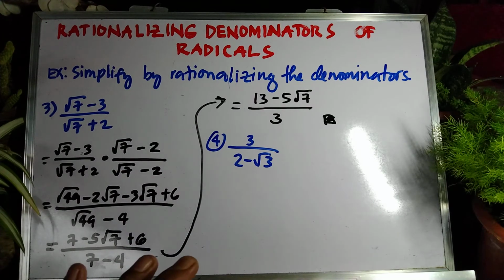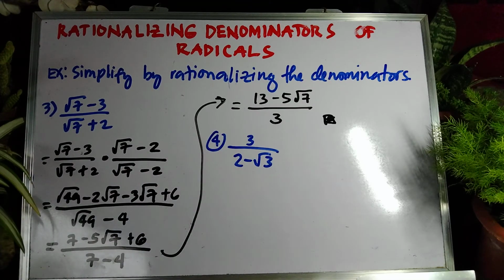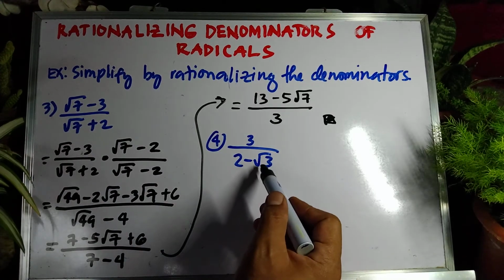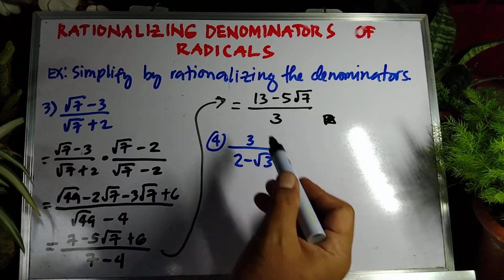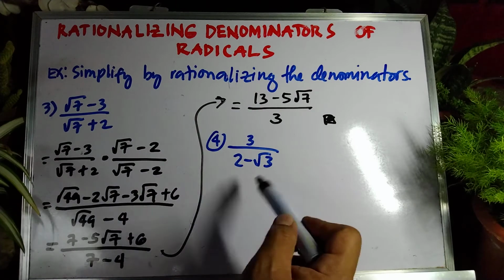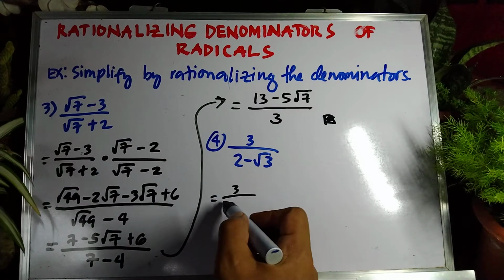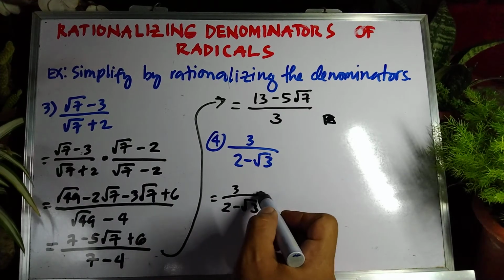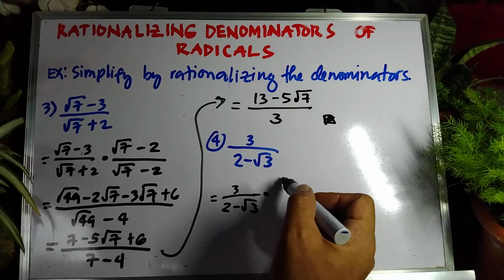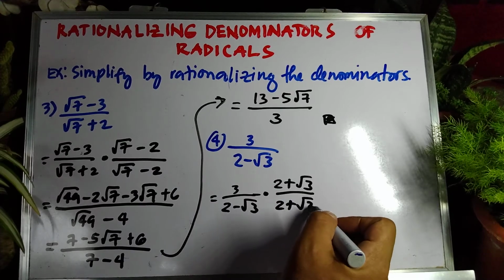Take note, when the denominator has 2 terms, you look for its conjugate. We multiply by the conjugate of the denominator because there is a radical here. Our objective when we say rationalizing denominators is to remove the radical in the denominator. So, 3 over 2 minus square root of 3, we will multiply that by its conjugate: 2 plus square root of 3 over 2 plus square root of 3.